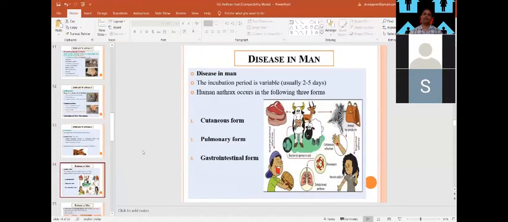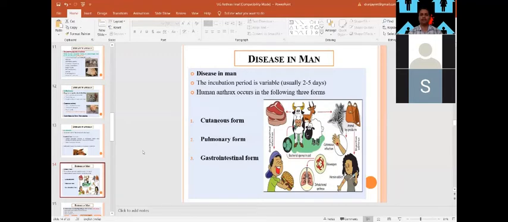Now in man, most of the time in examinations it is asked to write or describe the forms of anthrax. In man, the incubation period of anthrax is variable, usually 2 to 5 days, and human anthrax mainly occurs in three forms.